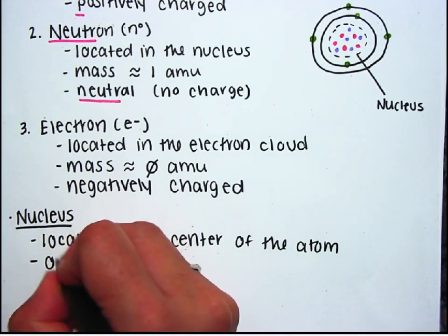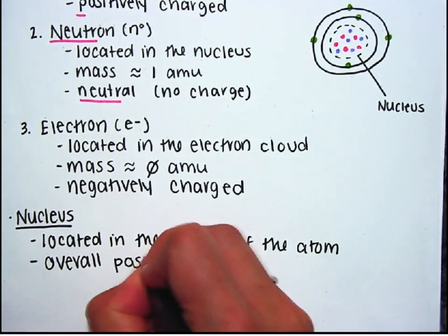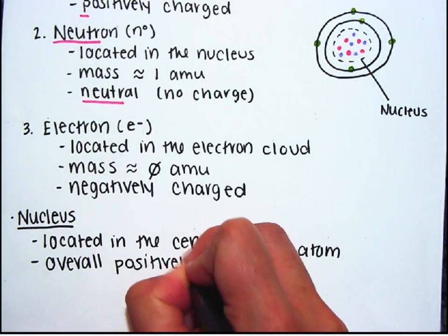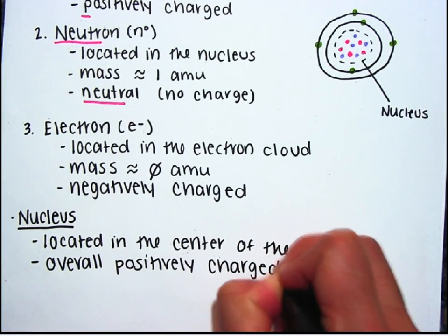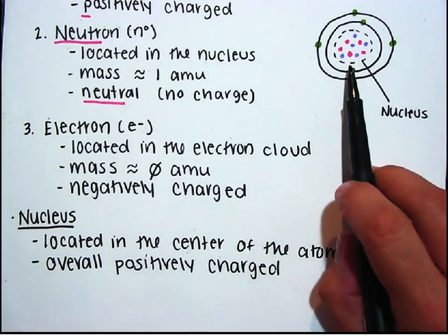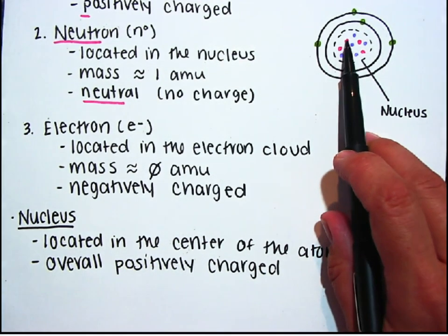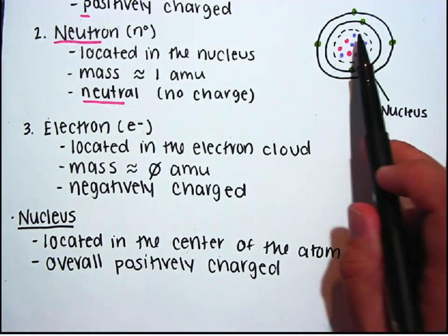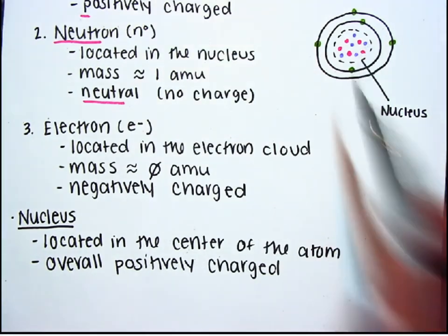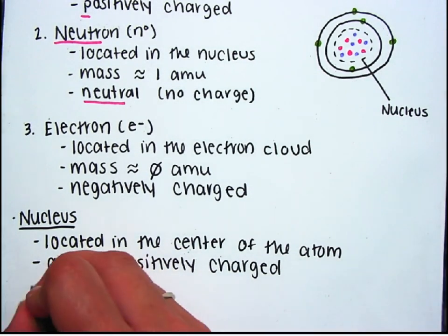The nucleus is overall positively charged, which should make sense. Think about the subatomic particles in the nucleus. We have protons, which are positively charged, and neutrons, which are neutral. So if you have 5 positive charges and 5 neutral charges, the nucleus is overall positively charged.